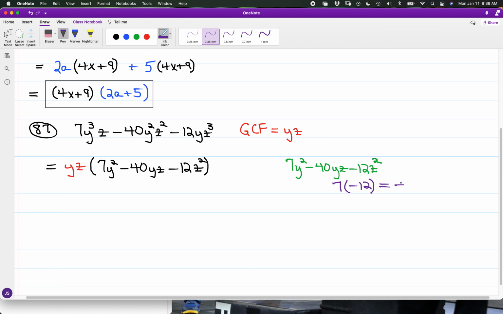So this will be negative 84. And now we're looking at factors of negative 84 that will add up to negative 40.